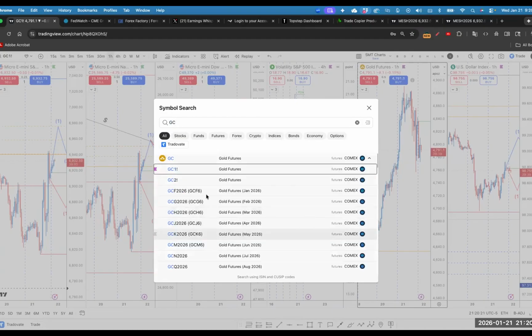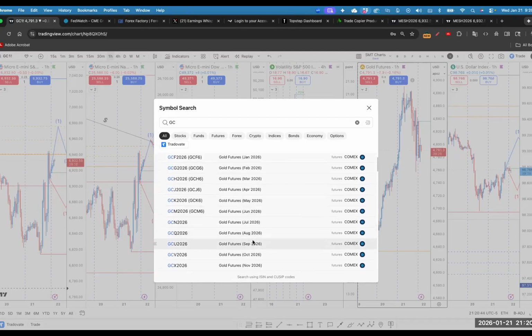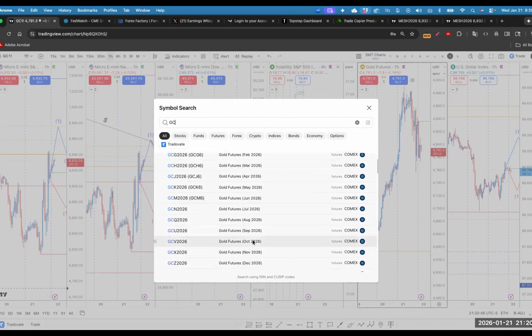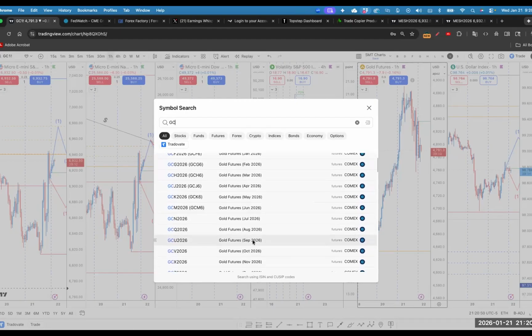In the same way, we've got the continuous contract on gold, GC1! and GC2!. Then we have the January contract, February, March, April, May, June, all the different contracts for the rest of the year. The gold contracts work a little differently.